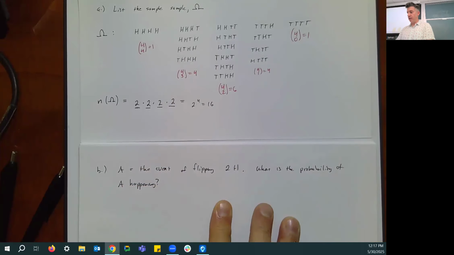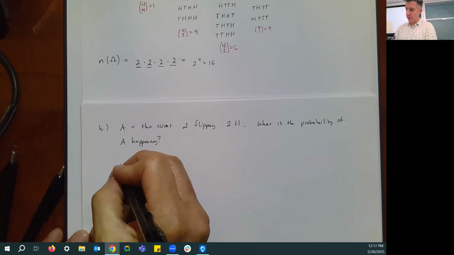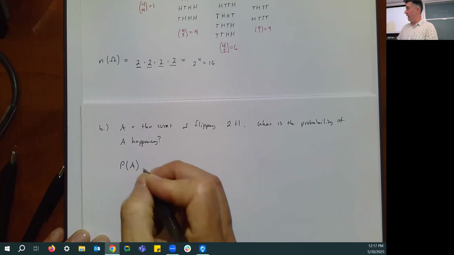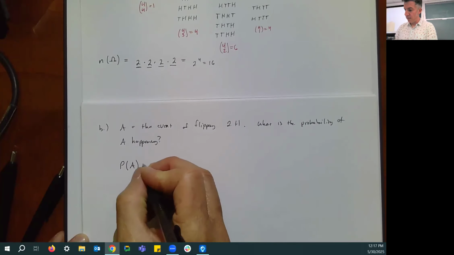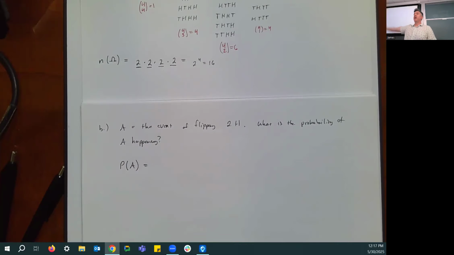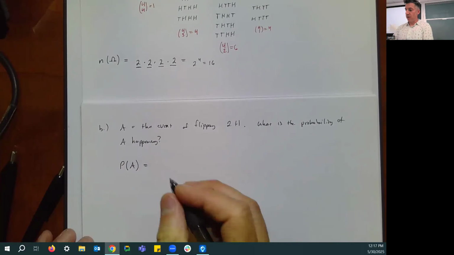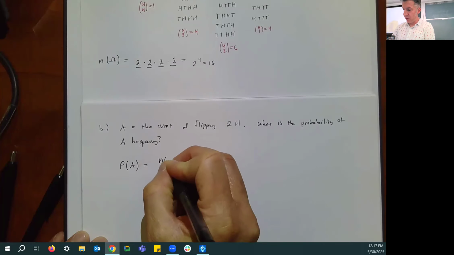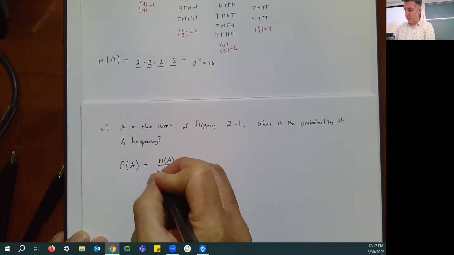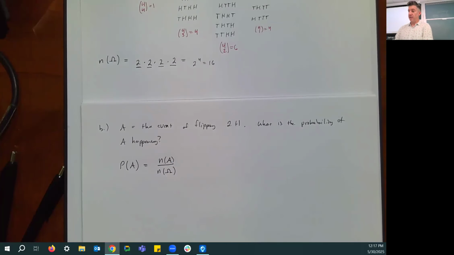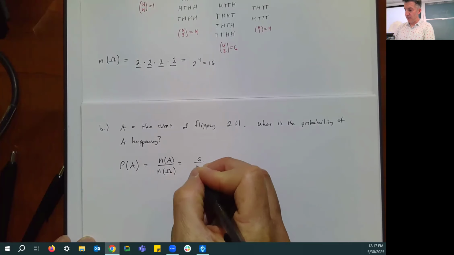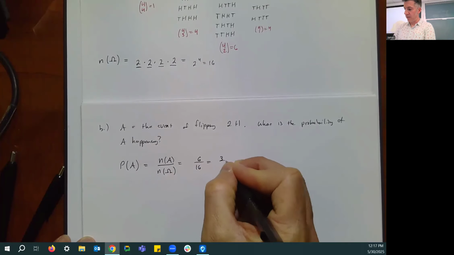The notation for this is capital P, parentheses, your event, A. The probability of A is exactly what we talked about before: the number of ways the thing can happen divided by the total number of ways anything can happen. So it's the number of ways that we can flip 2 heads divided by the number of ways of anything in our sample space happening. In this case, that's 6 out of 16, which reduces to 3 over 8.